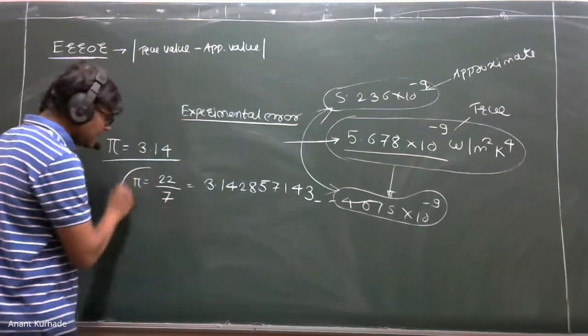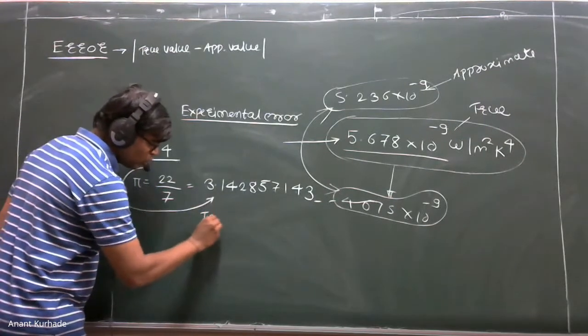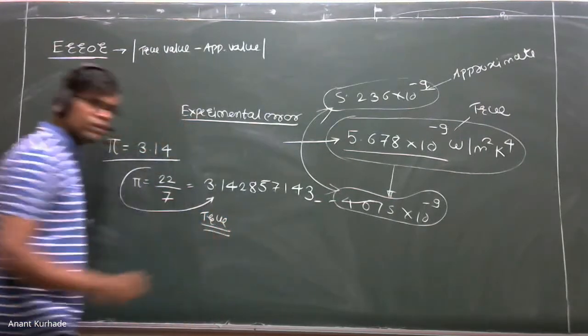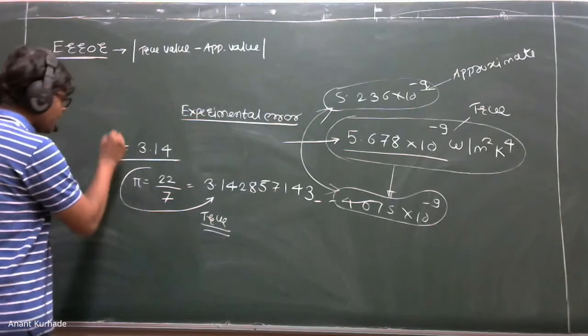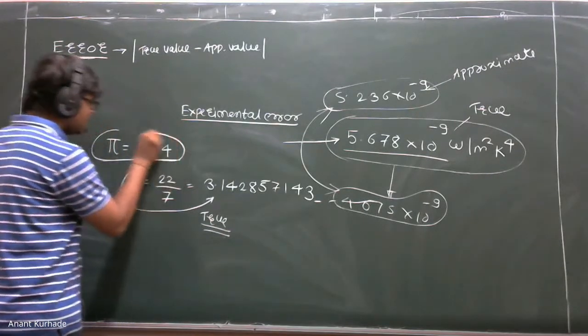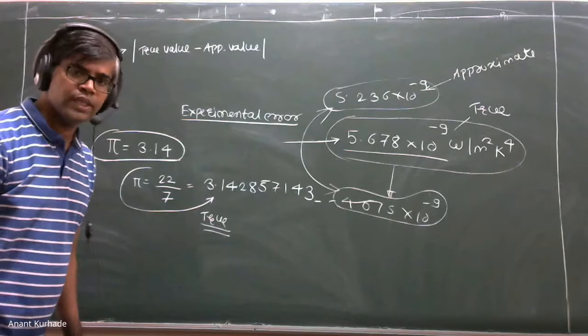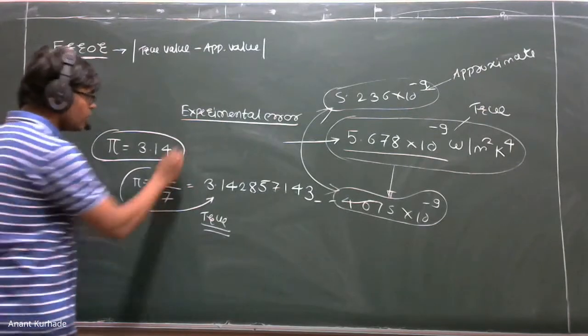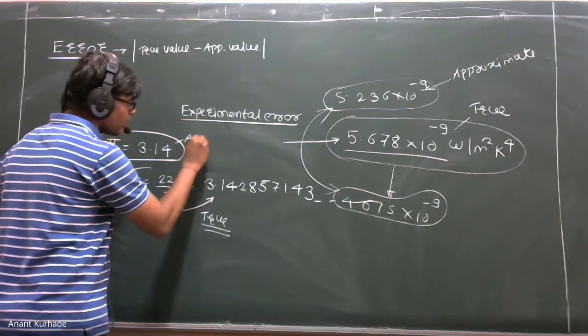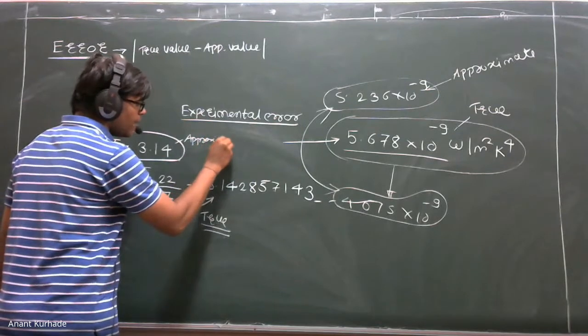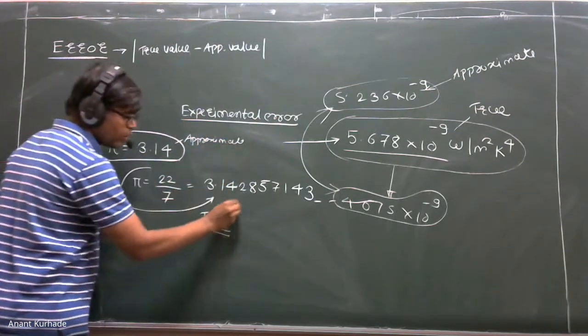So we can say this is the true value, the correct value. But we are taking the value of pi as 3.14. Okay, so this is the approximate value, and this is the true value.